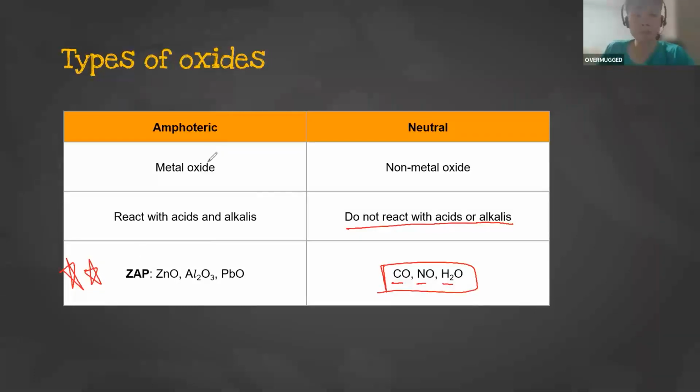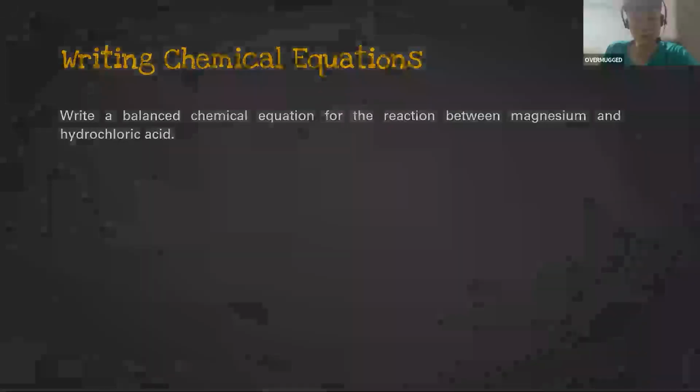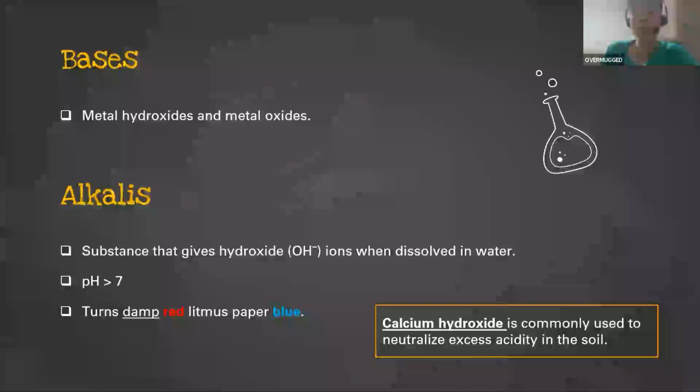If you have a certain chemical formula, how do you tell if it's a base or alkali? Okay, so base and alkali. Alkali is a special kind of base that is soluble in water. So alkalis are hydroxides. Usually, lah.